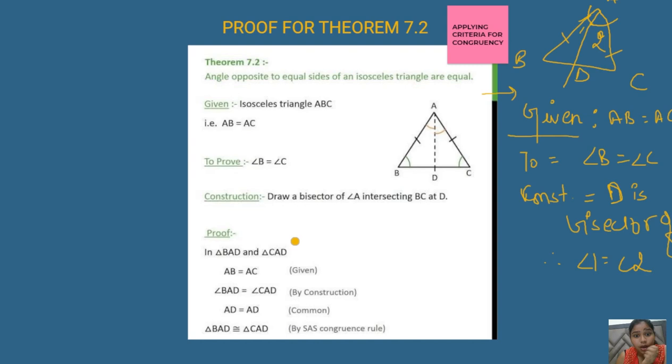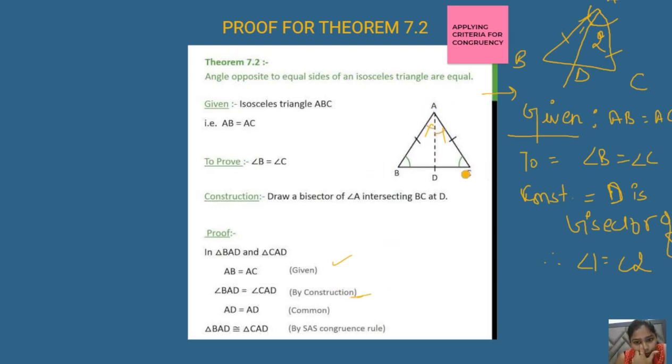In the triangle we'll see that there are two triangles formed by this AD: the triangle ABD and triangle ACD. Basically in these triangles you know that this angle is equal to this angle, because AD is the bisector of angle A. This is by construction. Now AB is equal to AC.